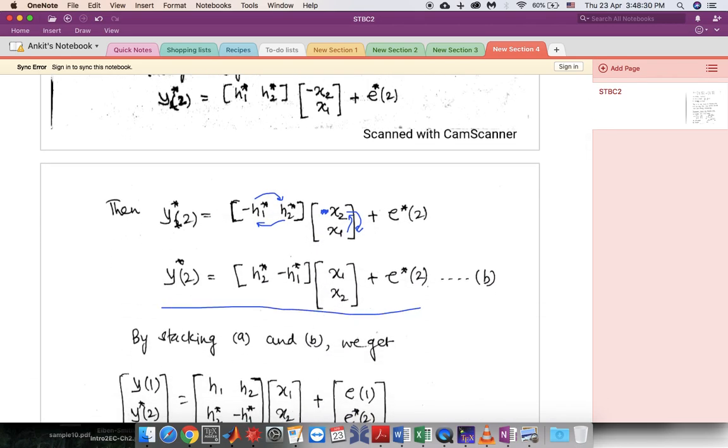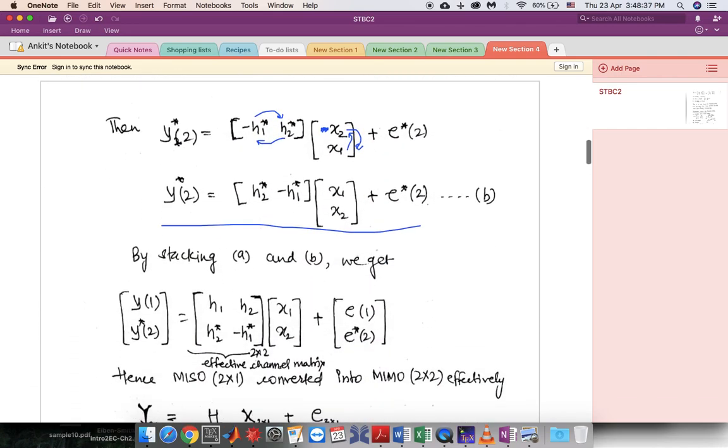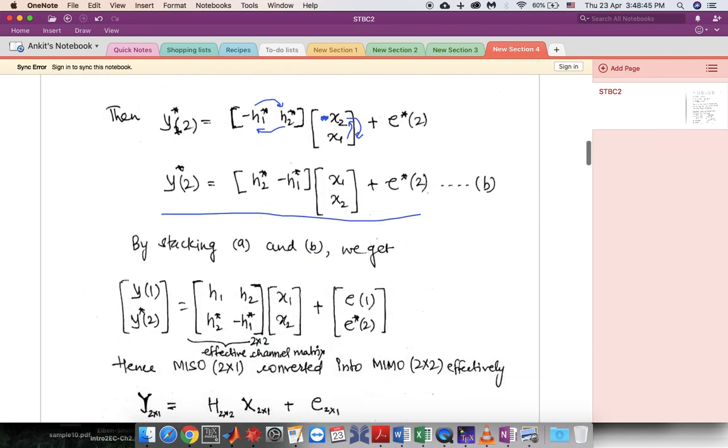So if we stack these two equations, what we get on the left hand side is y1, y2 conjugate. Similarly, h1, h2 in the first row, h2 conjugate, minus h1 conjugate in the second row.